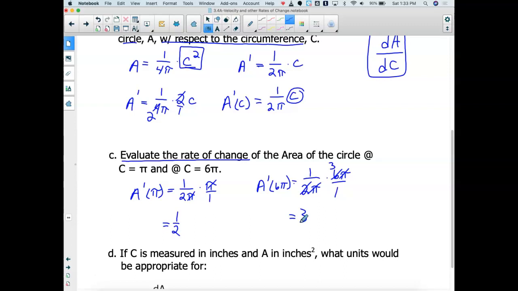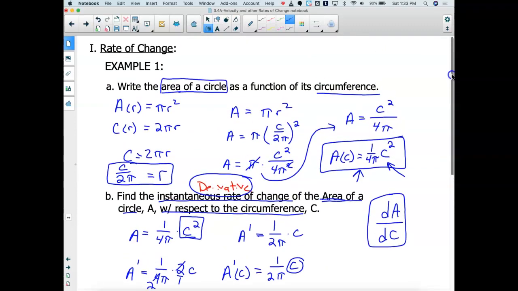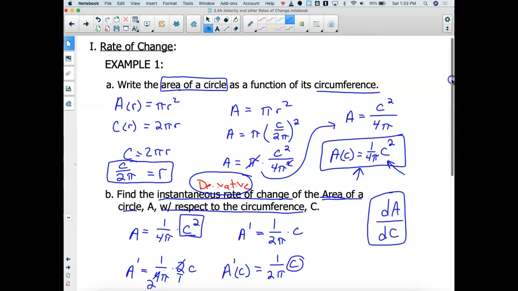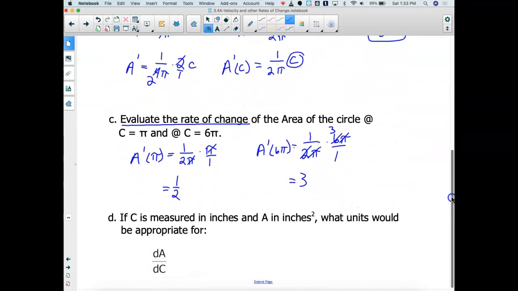Now, the question is, units are very important for us here, okay? And I went the wrong way, sorry. This is my A prime at pi. This means my change in area at the particular moment when the circumference is pi is 1/2. Well, it's 1/2 what? Think about this.